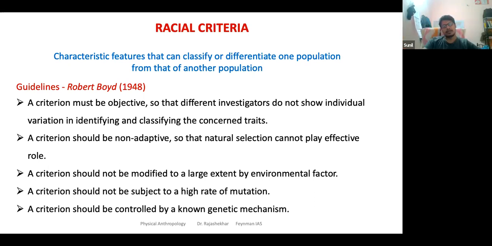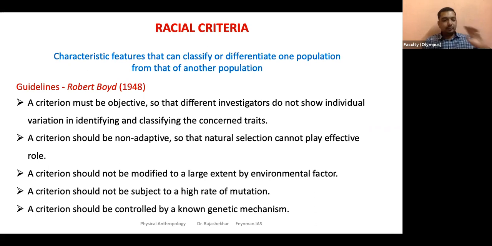So these are the ways to classify given the conditions here. These are the guidelines. If there exist races, if there exist some permanent differences that we notice, then they should satisfy this criteria. So these acted as guidelines, but reality is different from this.